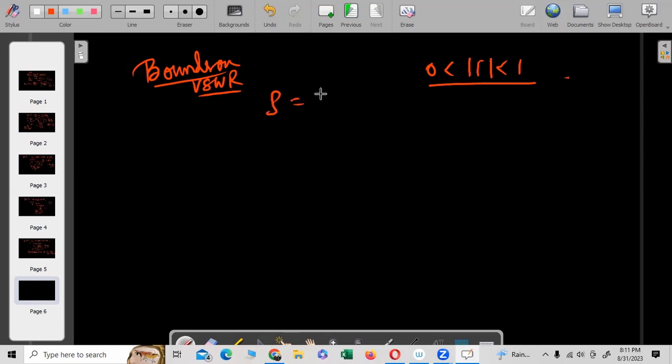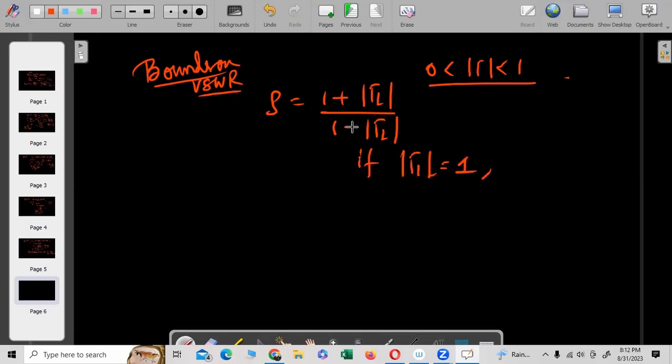Rho is nothing but (1 plus mod of gamma L) divided by (1 minus mod of gamma L). Please remember this formula, like Maxwell's equation. Now, if mod of gamma L is 1, then obviously VSWR is coming to infinity.